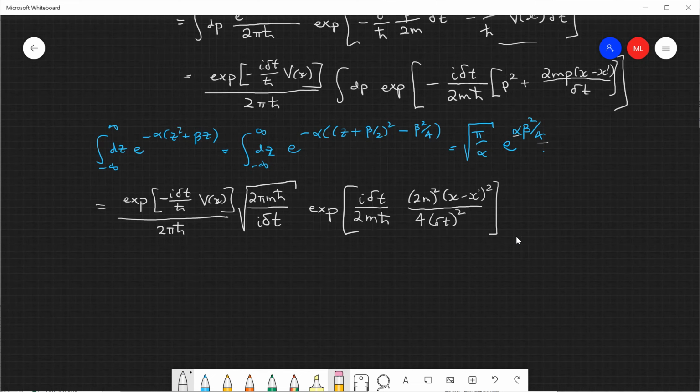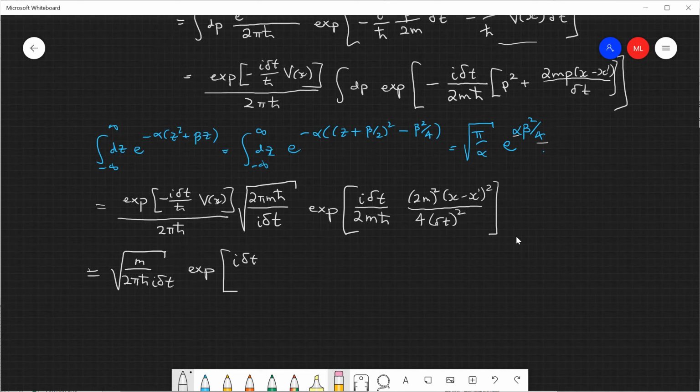Okay, so this is actually very nice because factors cancel, and you get a nice form. You get square root of m over 2 pi h bar i delta t. And then you have the exponential. And now you can combine back the potential term and everything else.